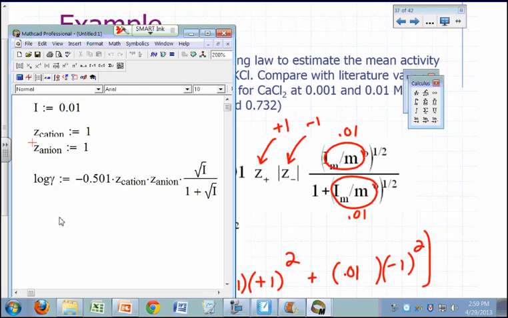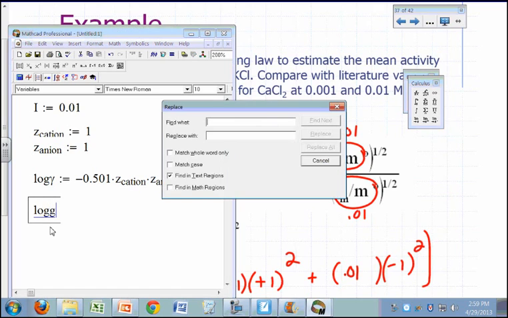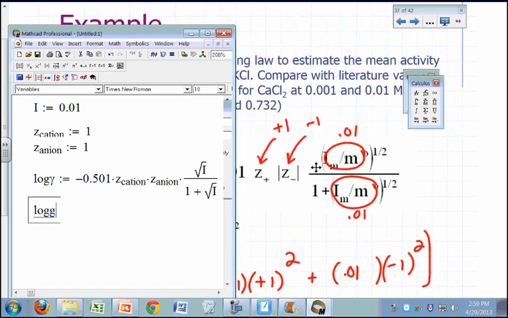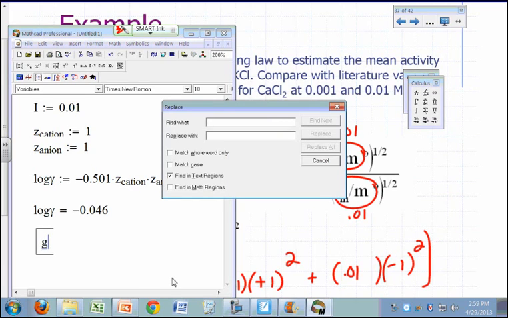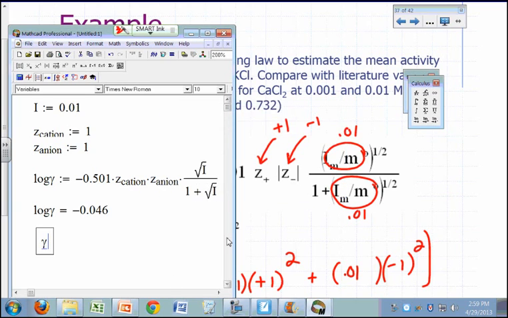And that gives me the log of gamma, which is equal to -0.046. So gamma equals 10 raised to the power log of gamma.